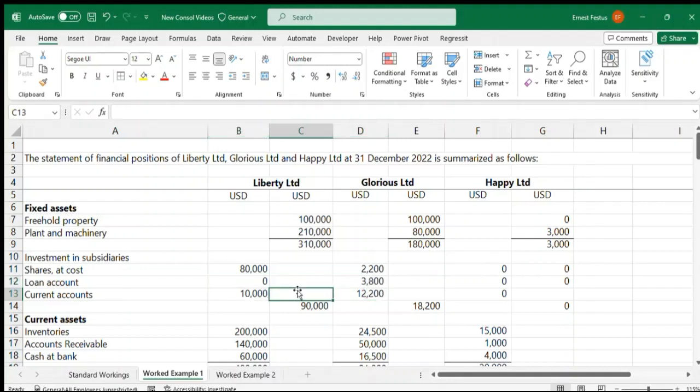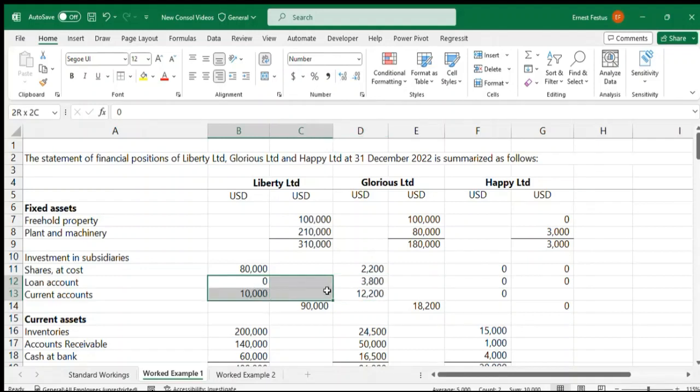Now the purpose of consolidated financial statements is for the group to reflect the true and fair view of the assets and liabilities of the group as a whole, so that the owners of the parent or the group will be able to make informed decisions about the group as a whole. So this is the reason why we take away everything that is within the group.